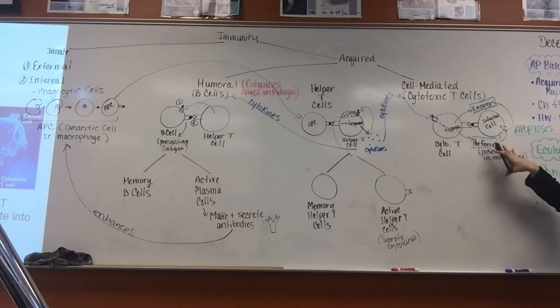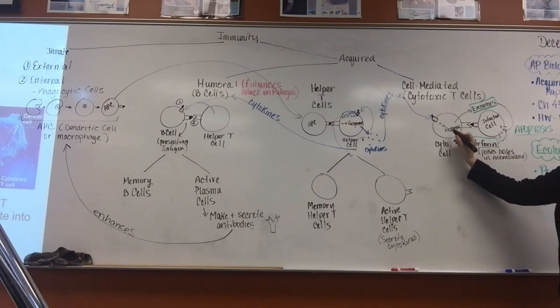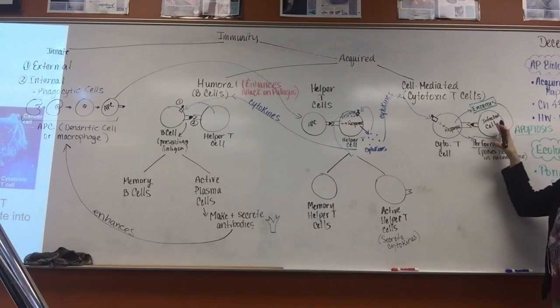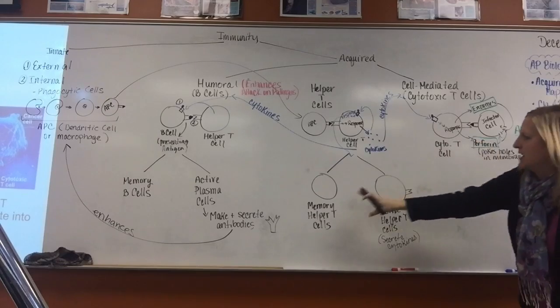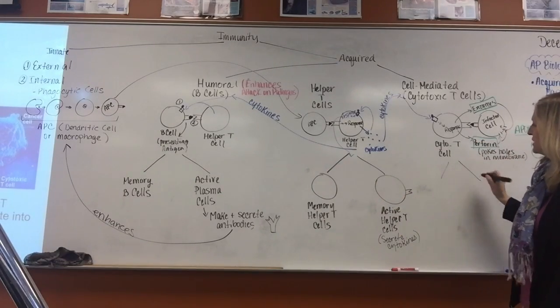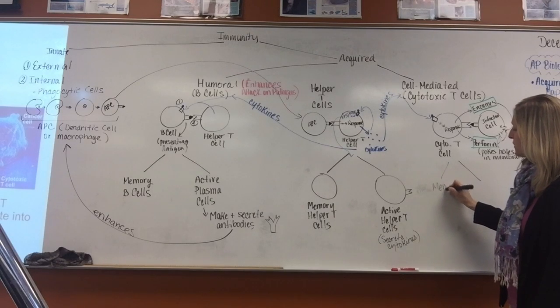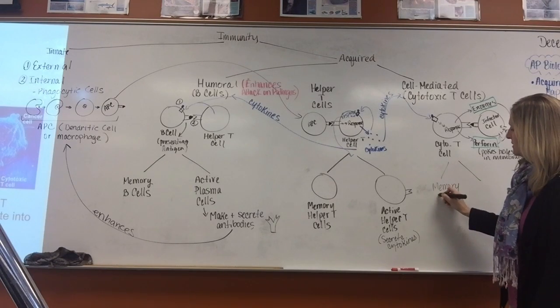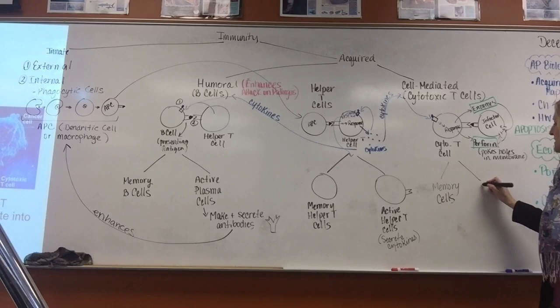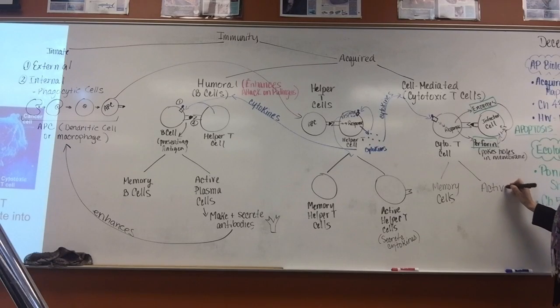I forgot to say that one of the responses is that the same thing happens over here. The cytotoxic T cells actually do make memory cells as well, and active cells, just like the rest of them.